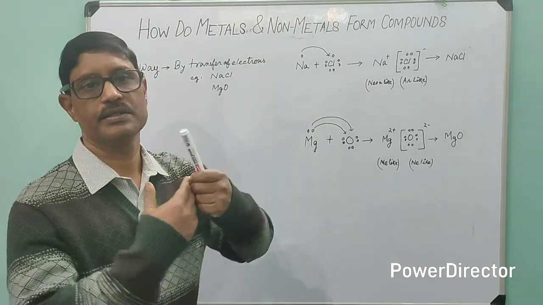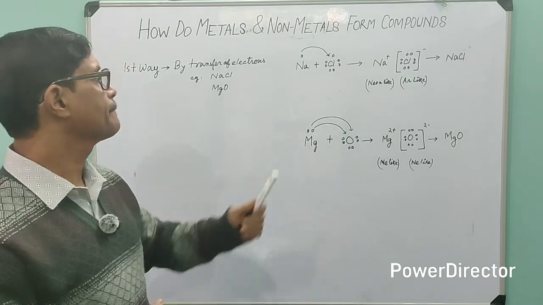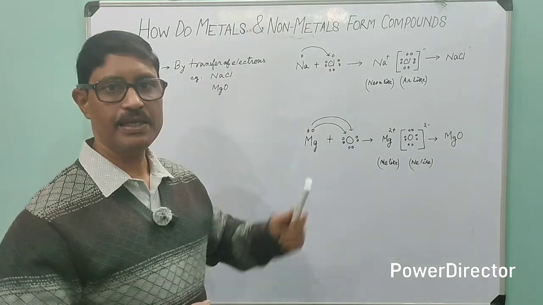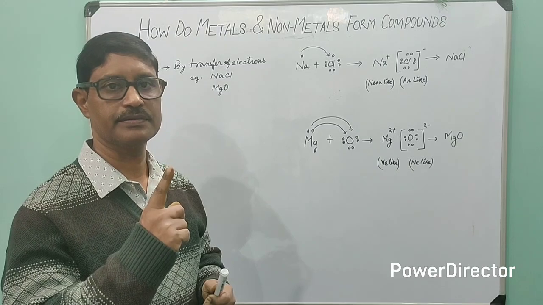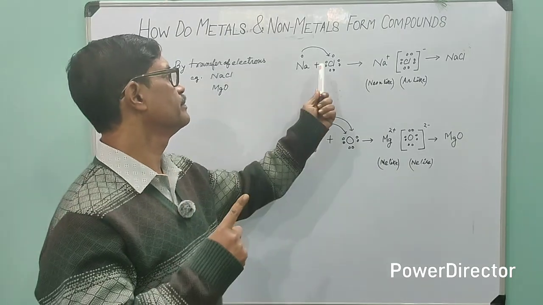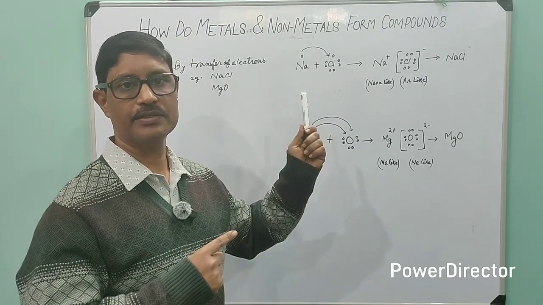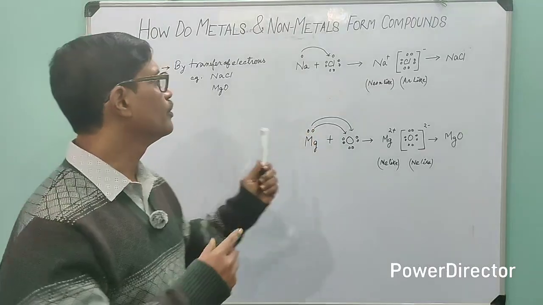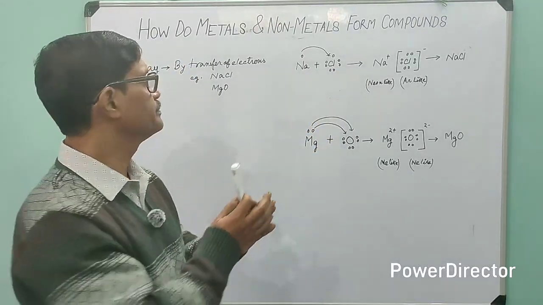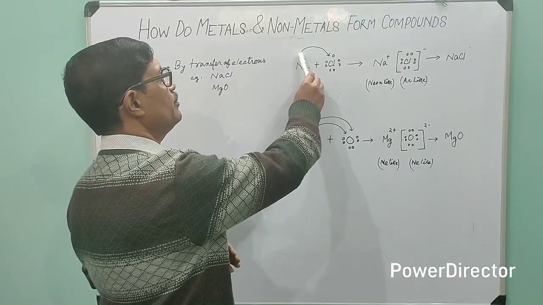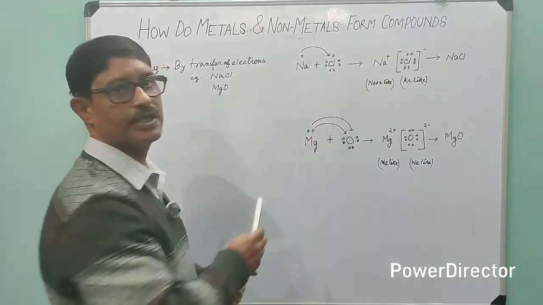Better to donate that electron. Chlorine has 7 electrons, only 1 electron is necessary to become saturated in that orbit. So whenever sodium and chlorine come close to each other, the sodium electron jumps to chlorine.